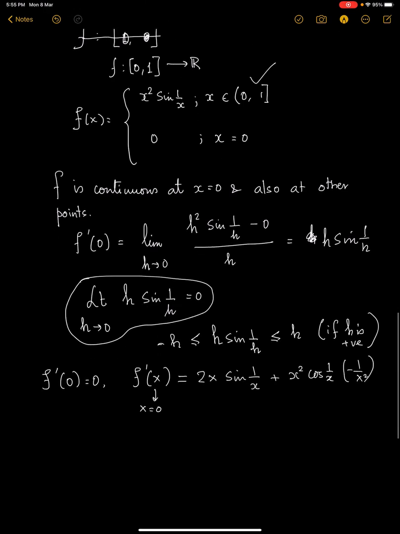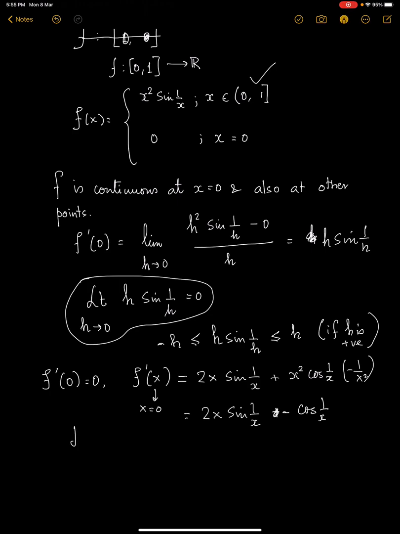So what we have is 2x sine 1 by x plus cos 1 by x, minus cos 1 by x.